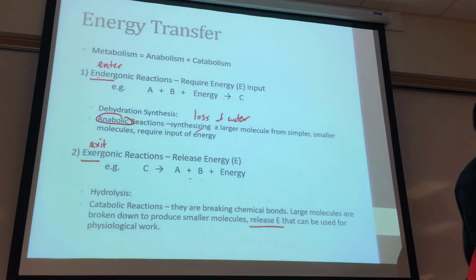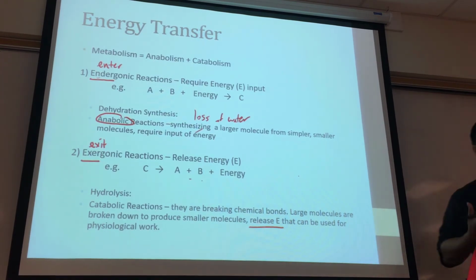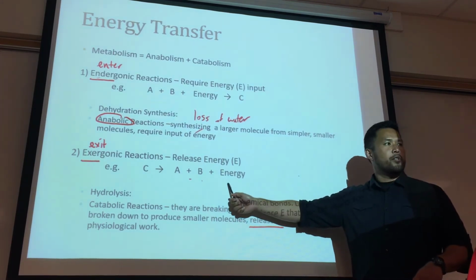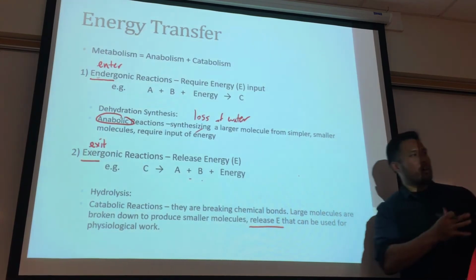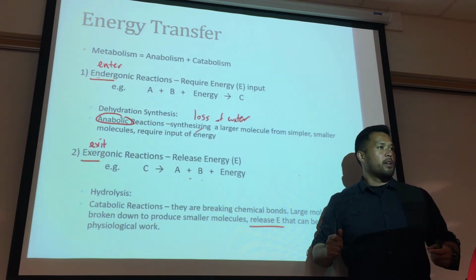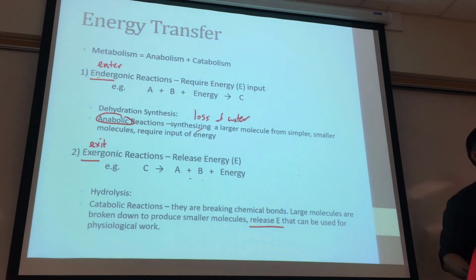So think of cells that are growing and replicating. They require energy. If you take sugar molecules or molecules from the food that you just ate, you're breaking that apart to couple that with reactions that require building. So the combination of endergonic and exergonic reactions is exactly what metabolism is.